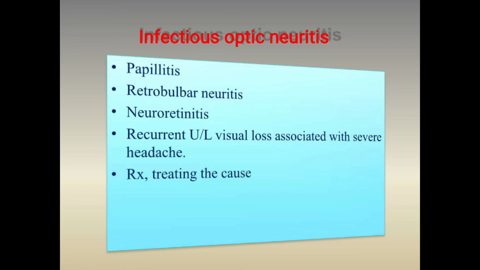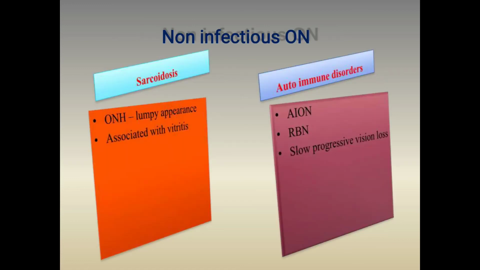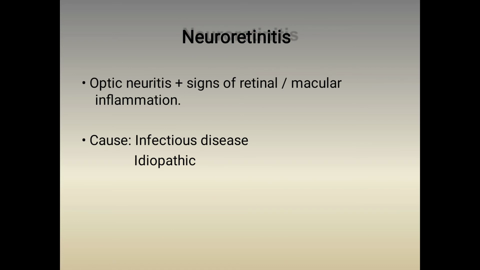So the treatment here will be the treatment of the cause. There are certain autoimmune diseases, such as sarcoidosis, that also cause non-infectious optic neuritis. We have already discussed neuroretinitis.